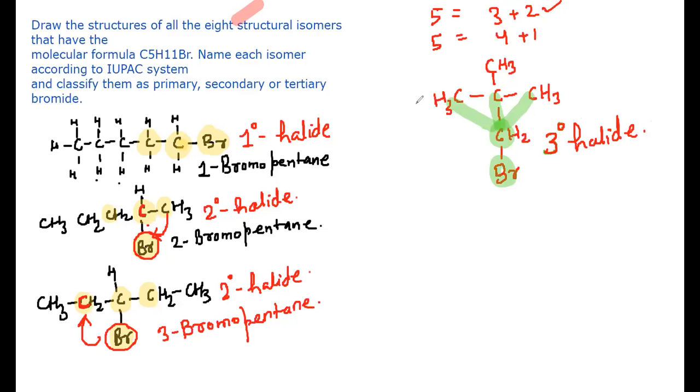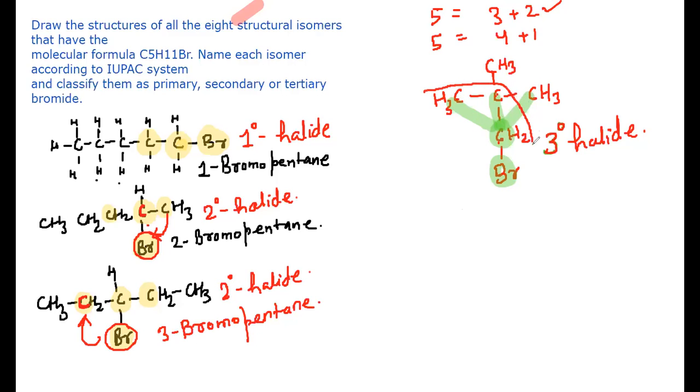For its IUPAC name, we need to write the longest chain. The longest chain would be the one which contains the substituent. So we will take it like this: 1, 2, 3 one way, 1, 2, 3 another way. So we can have 3 only.